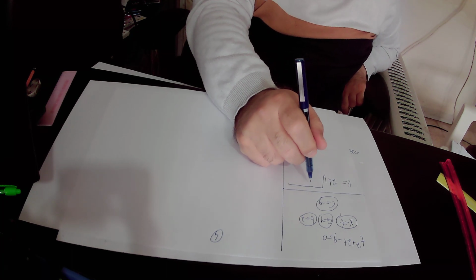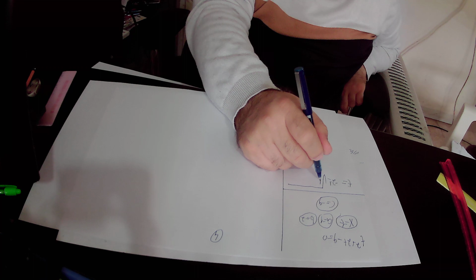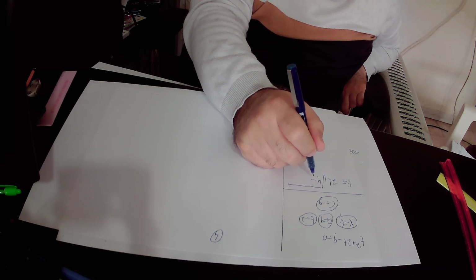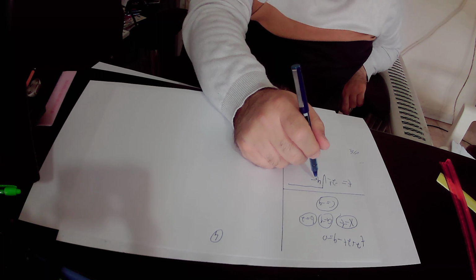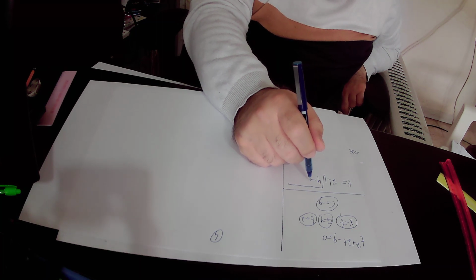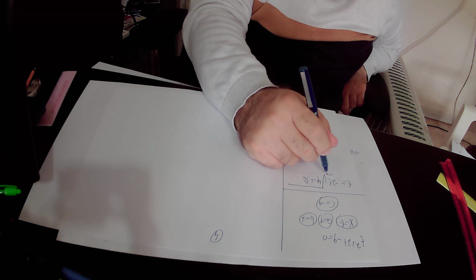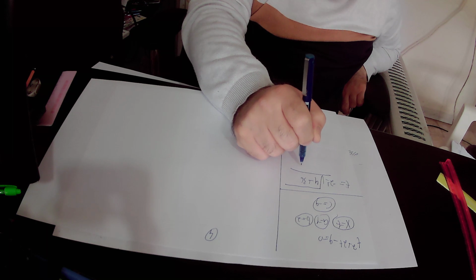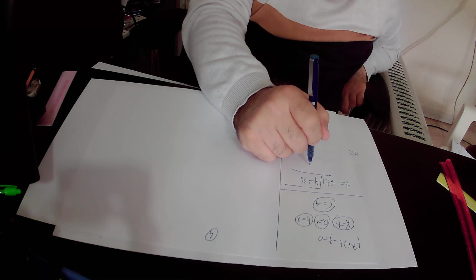B is 2, so b squared is 2 squared, 2 squared is 4, minus 4 times a is 1, and c is minus 9, so it is minus 4 times minus 9, that is actually plus 36, divided by 2a. a is 1, so 2a is 2 times 1, that is 2.